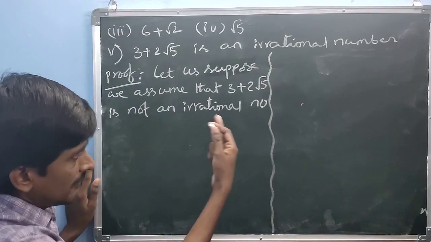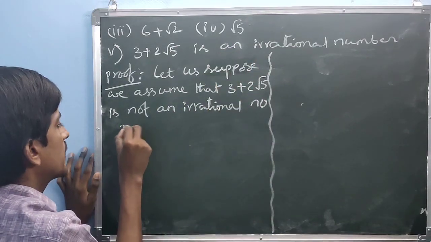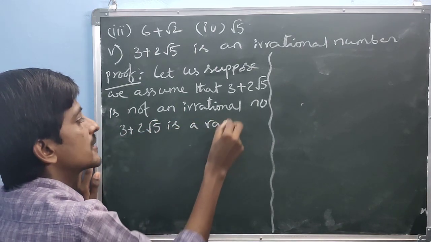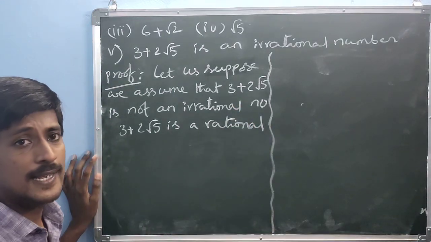So we suppose that it is a rational number, it must be a rational number.